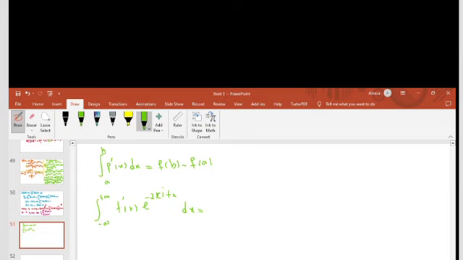equal to, if we consider dv equal to e to the minus 2 pi itx dx, then v equal to minus 2 pi it e to the minus 2 pi itx, and u equal to f of x.